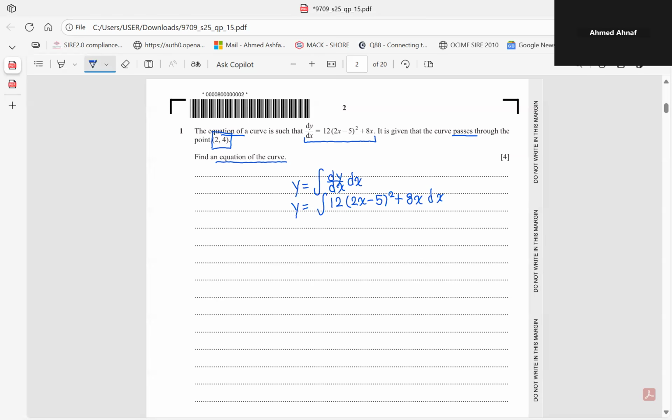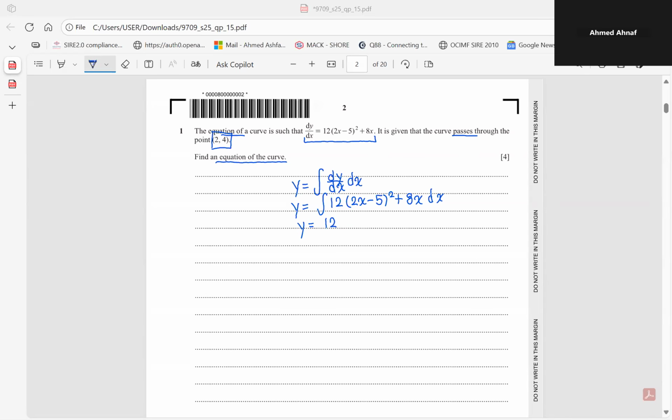Okay, so let's integrate it. First we'll integrate 12 times (2x minus 5) squared. To integrate that, you leave 12 out because it's a constant.